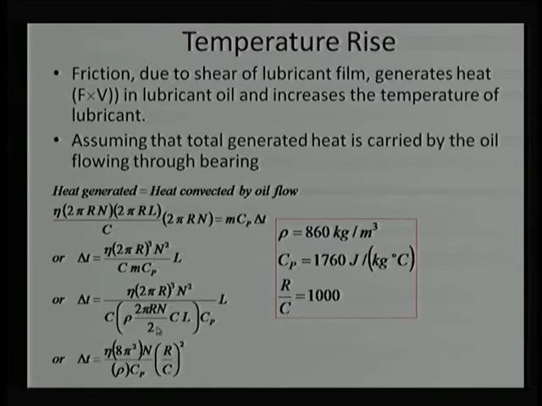So we are taking 50% of that, and this is how the mass flow rate can be represented in terms of the geometric parameters. It is basically derived by the velocity or rotational speed.